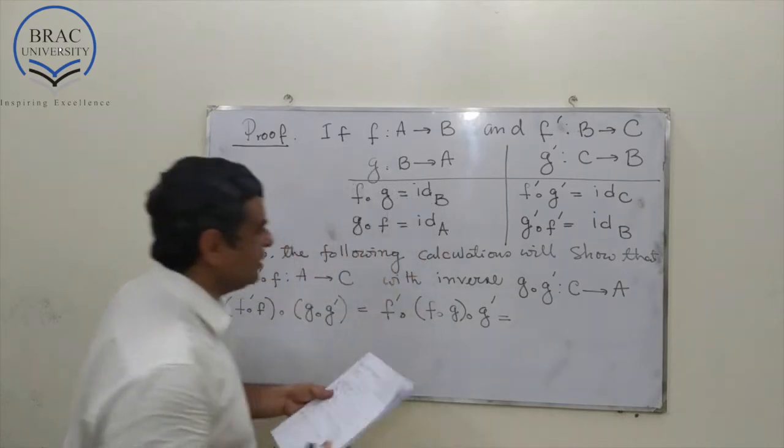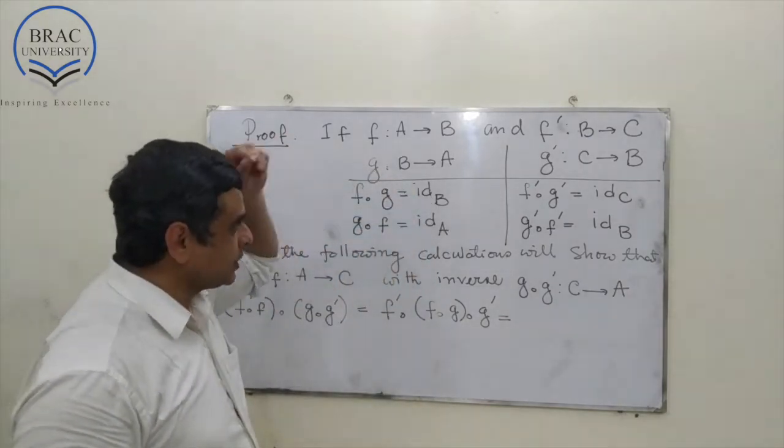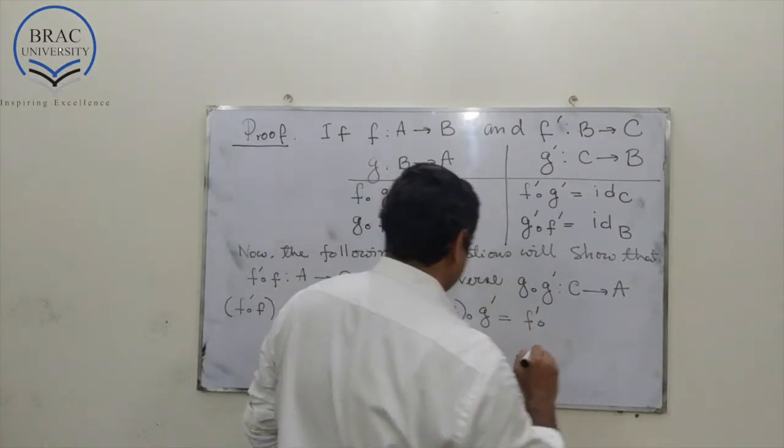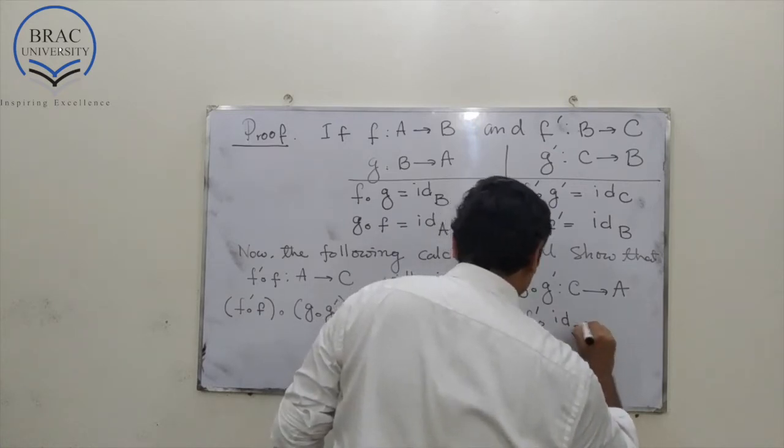What is F composed with G? It is the identity function on B. So we get F prime composed with the identity function on B composed with G prime.